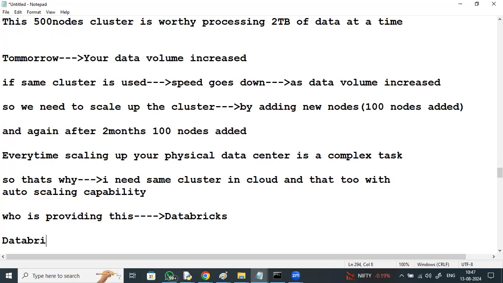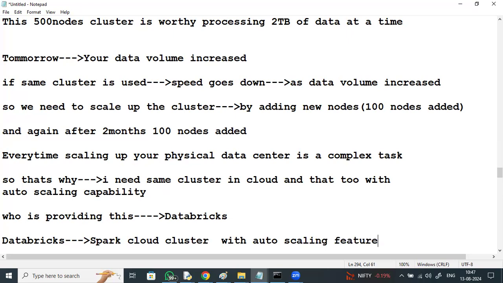Databricks, a Spark cluster. You can say a Spark cloud cluster with auto scaling feature.